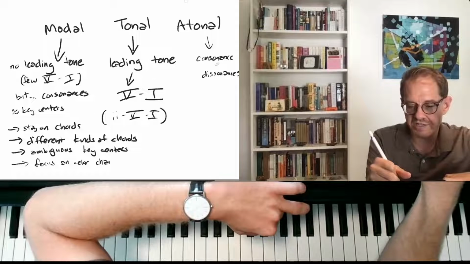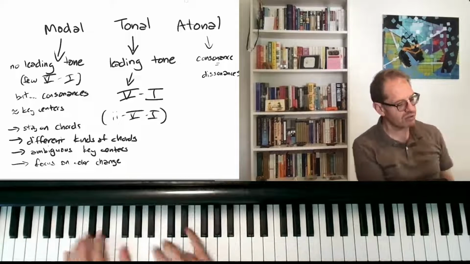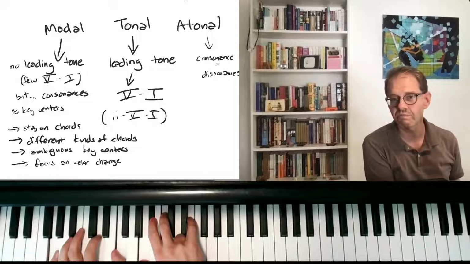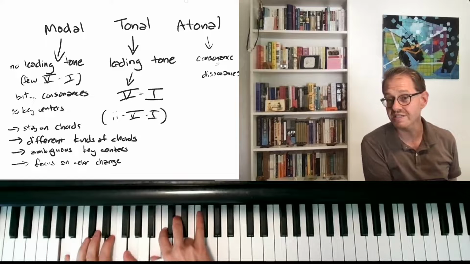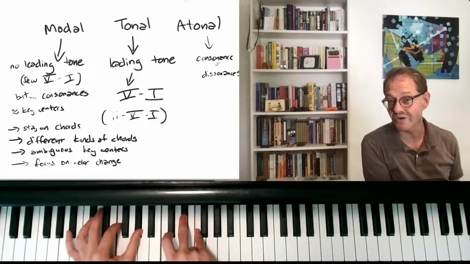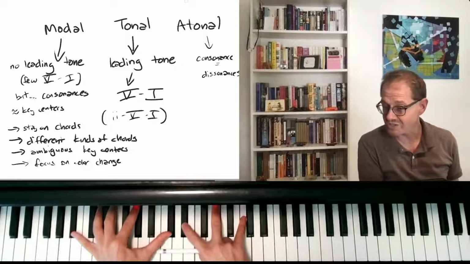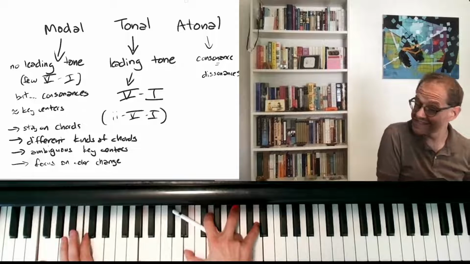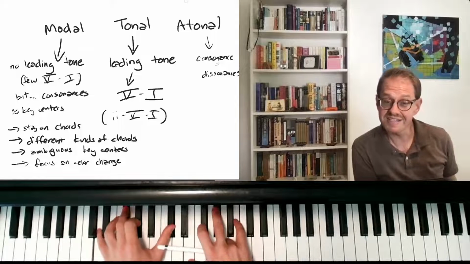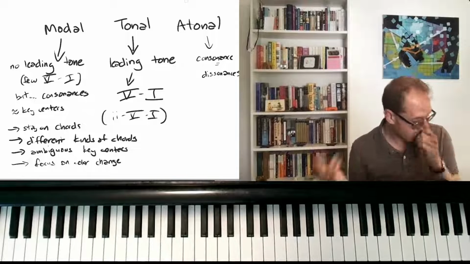So instead of focusing on tension or resolution, I might say, ooh, I really like the way this chord leads to this chord, leads to this chord, leads to this chord.